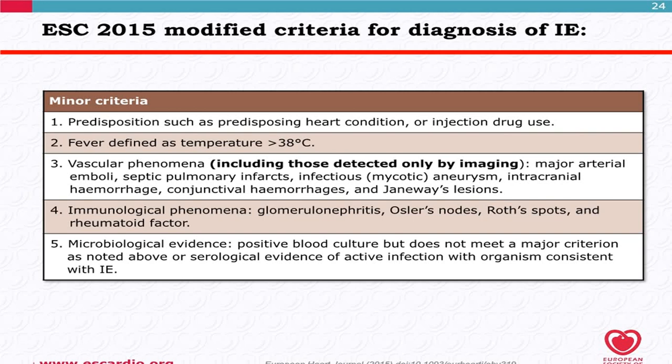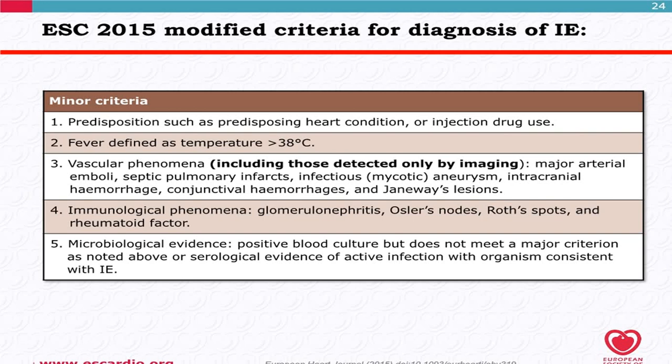As far as immunological phenomena are concerned, there are glomerulonephritis, Osler's nodes, Roth spots, and rheumatoid factor in blood. Roth spots you can identify by doing fundoscopy, and Osler's nodes you can identify clinically. Glomerulonephritis you can demonstrate by urine examination and biopsy.